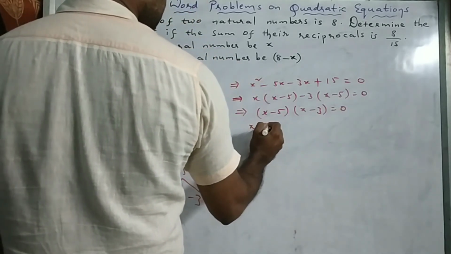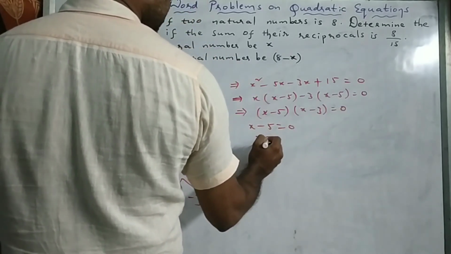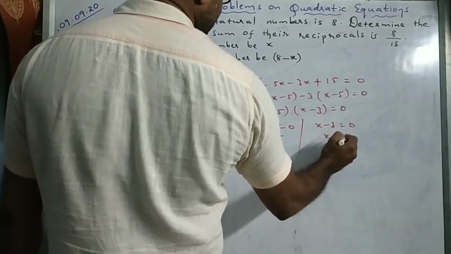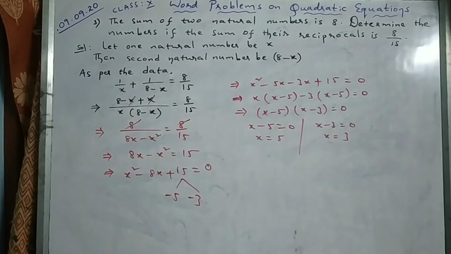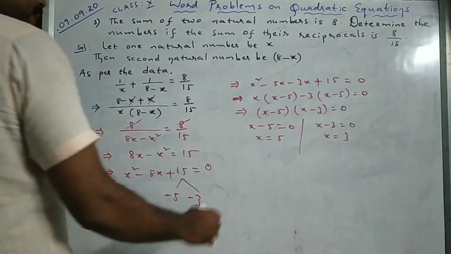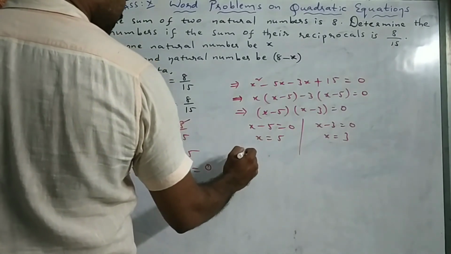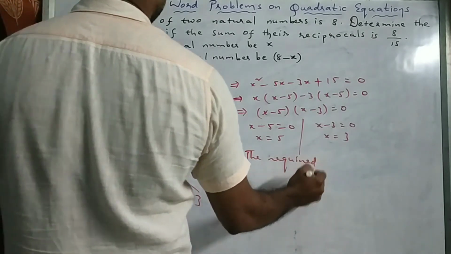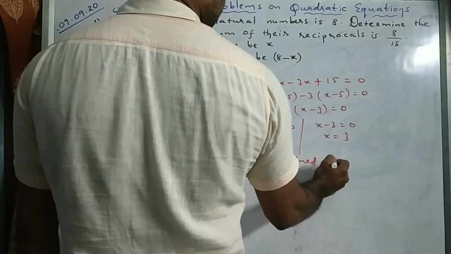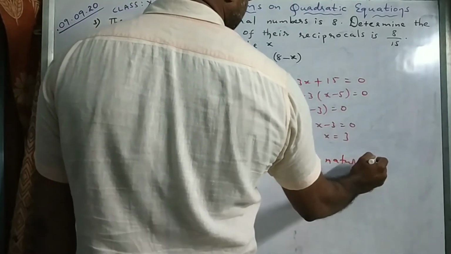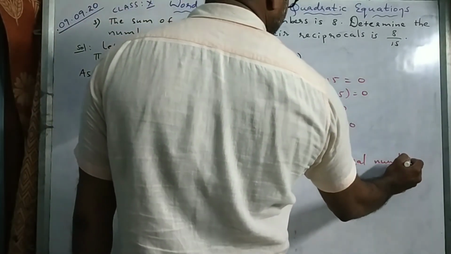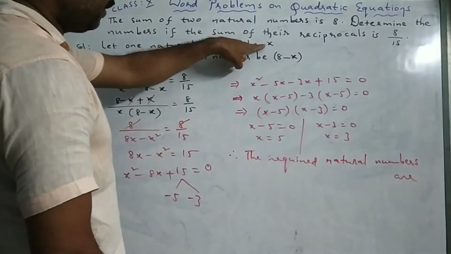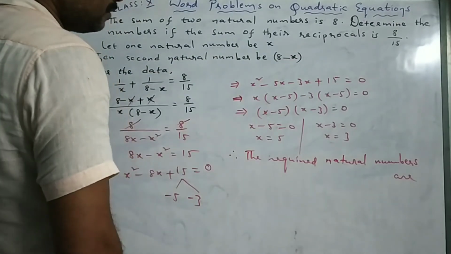So x minus 5 equal to 0, x equal to 5; x minus 3 equal to 0, x equal to 3. Now both are positive. Therefore the required natural numbers are: if you take 5 here, 5 comma 8 minus 5, 3.